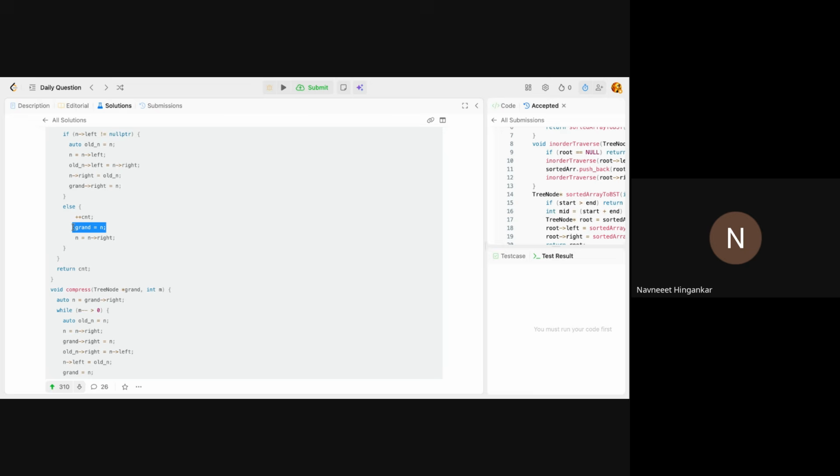If grand is the downmost portion, right? Because this is n equal to n, right? So what's this grand? Is it root or is it the downmost node? I guess the downmost node.